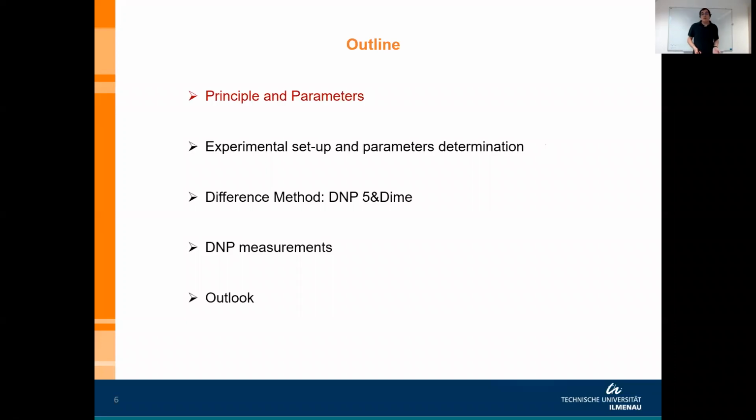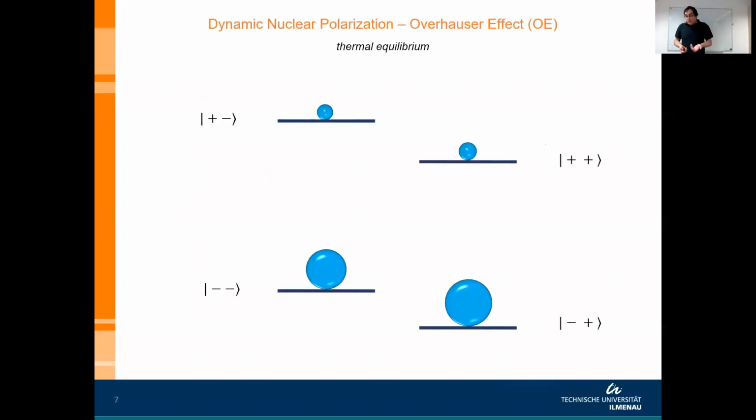Let's start then with the beginning. As we mentioned before, DNP happens when we have interactions or coupling between the electron spins and the nuclear spin of the species of interest. In this case, we have an electron and a proton, both with spin 1/2.